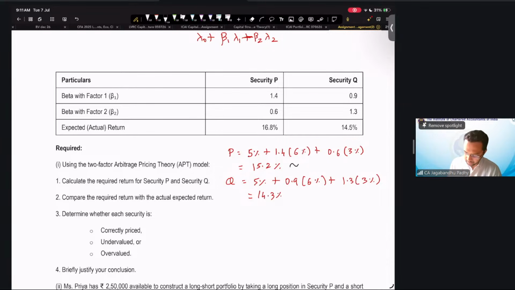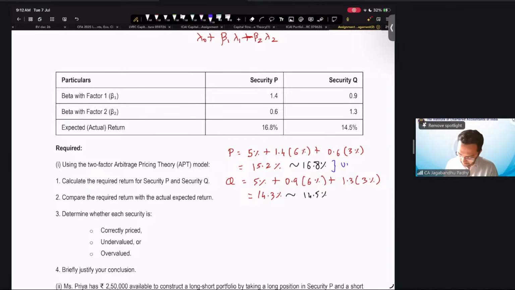So when I compare it with the expected return, it is 16.8 for P and 14.5 for Q. What can we say about the securities? Are they overvalued or undervalued? For this situation, your required return is 15.2, but you expect 16.8.